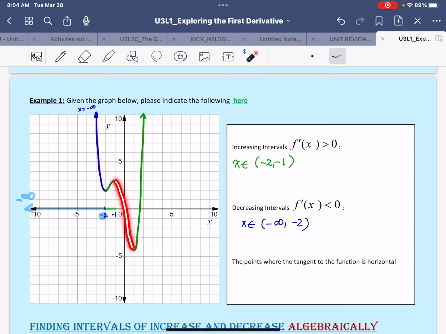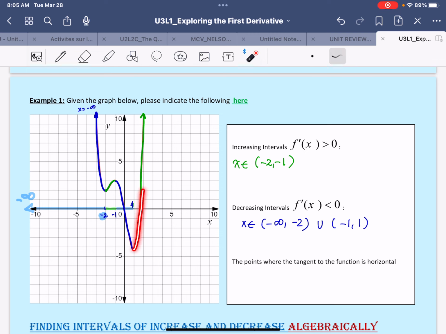So let's continue our journey again. The next piece of the graph, the blue section, is decreasing. And this starts at negative 1 and lasts until x equals 1. So in this case, we're going to say that from x equals negative 1 to x equals positive 1, the function is decreasing. So negative 1 to 1 will serve as an interval of decrease.